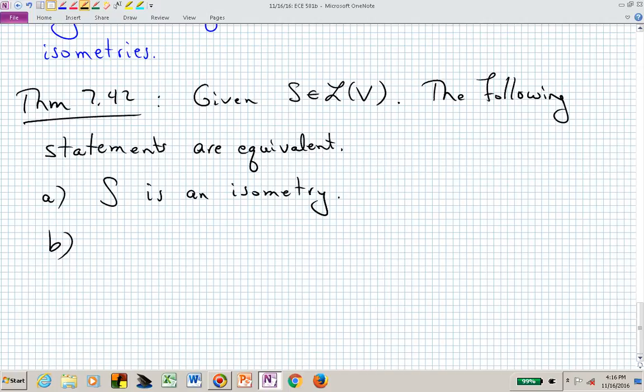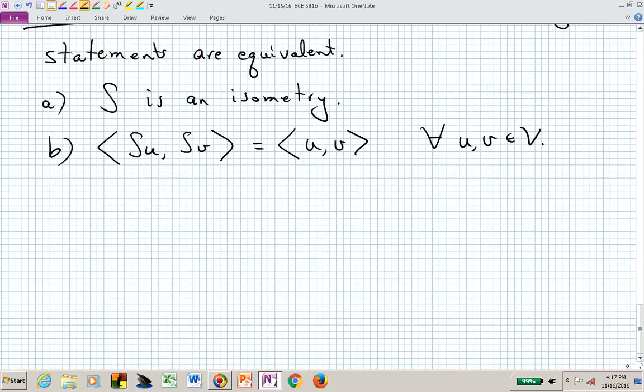The next statement B says that the inner product of SU with SV is the same as the inner product of U with V, and that's true for all vectors U and V in our vector space V. Or you could say if I have an isometry, it preserves the inner product. That's one way of thinking of that. But now that you have this relationship, that allows other statements to fall out.